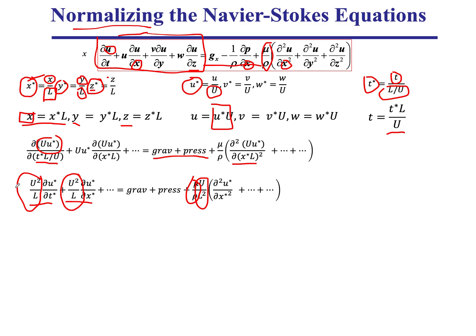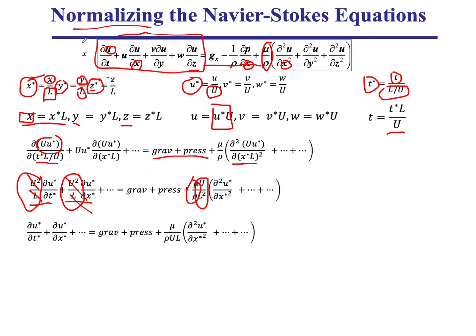So let me divide both sides by U squared to get rid of this and multiply it by L. So I'll have everything on one side. And that's what I get. So I get the same equation that we had here, except with stars. So the velocities will have a star, and the times and x's and the lengths, the independent variables will also have a star.